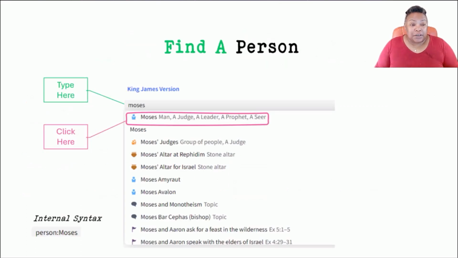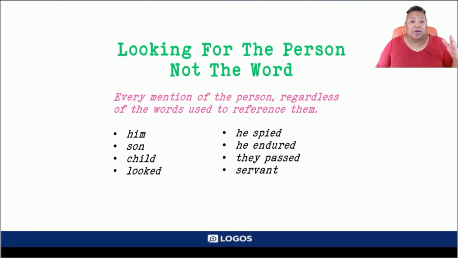To find a person, type in the name. So here we type Moses, and you'll see this drop down appear. Click there. And the syntax that you're sending is person Moses. You're looking for the person and not the word. So it's going to find every mention of the person, regardless of the words used to reference them.